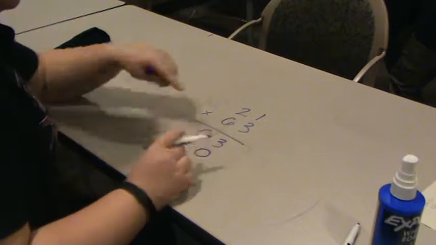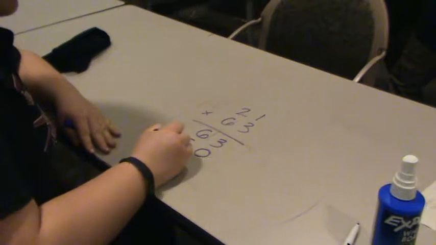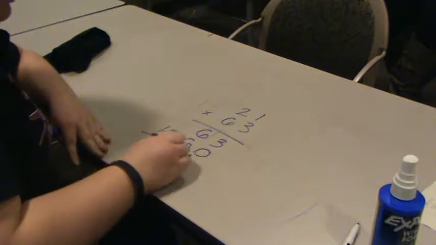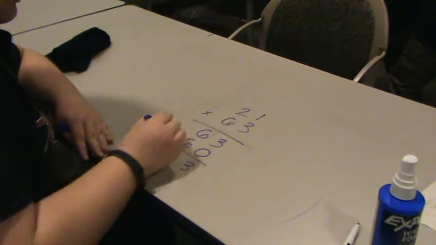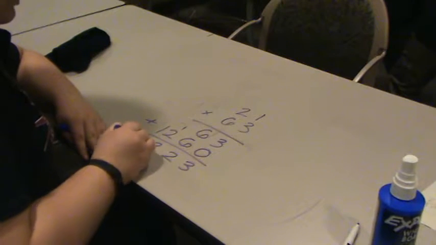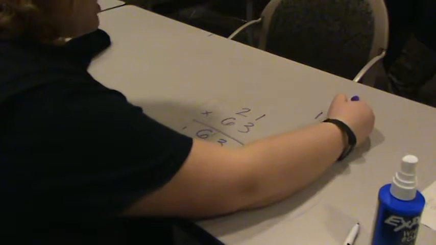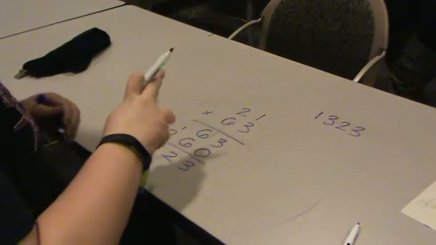Add our 0 because we're switching to the tens. 6 and 1 is 6. 2 and 6 is 12. Then add our numbers. 3, 6 and 6 is 12. Carry our 1, 3. We have 1,323. So I'm going to write that up here just so we remember what our answer is.